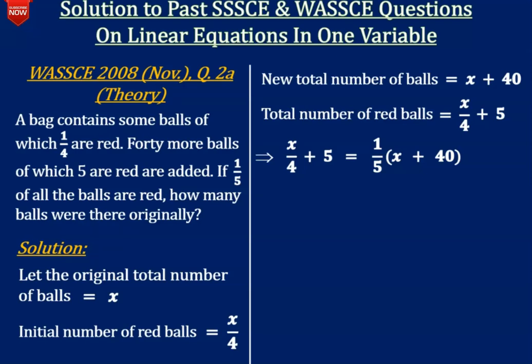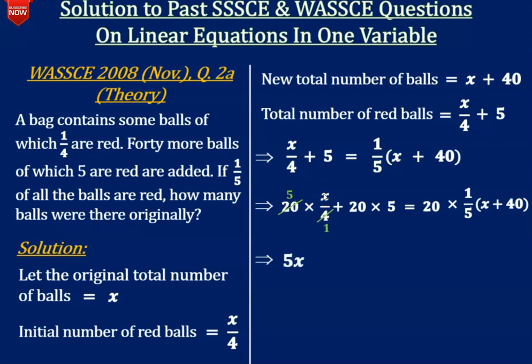Multiplying through by the LCM of 4 and 5, which is 20, we have 20 times x over 4 plus 20 times 5 is equal to 20 times 1 over 5 into bracket x plus 40. 4 into 20 is 5 times, and 5 times x is 5x.